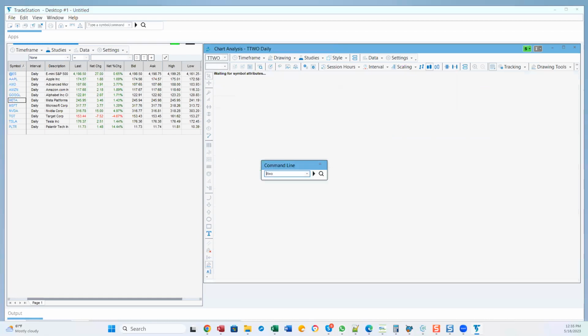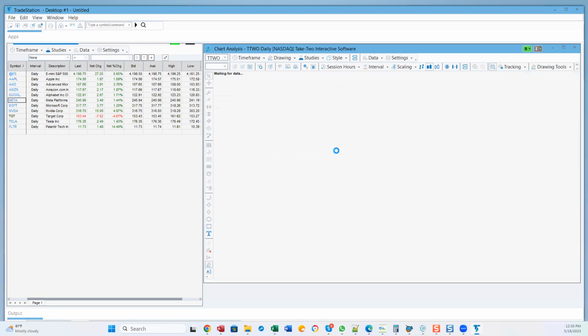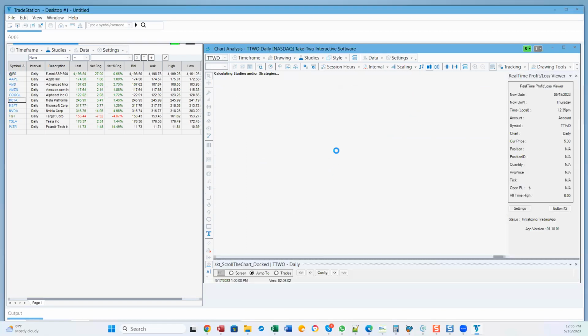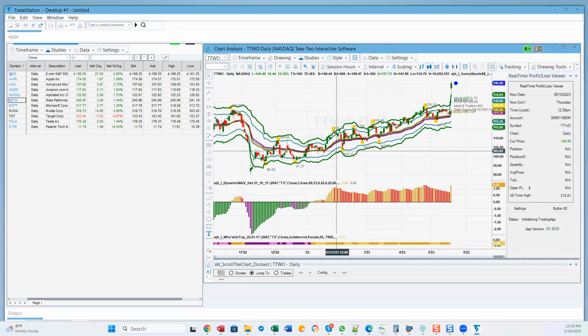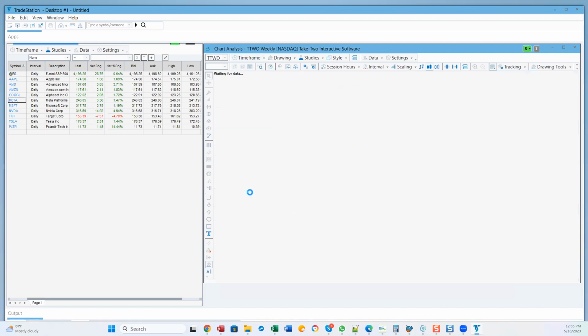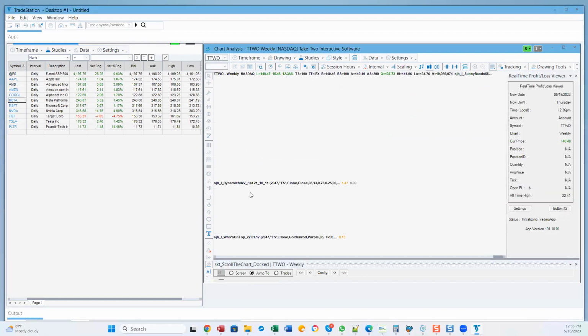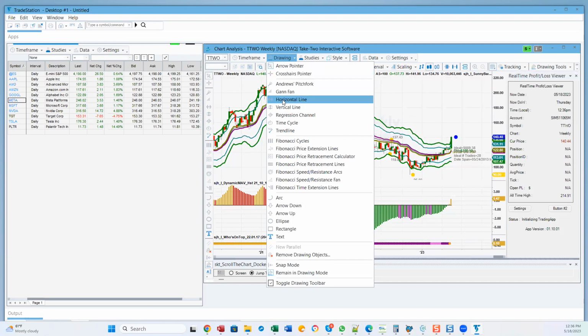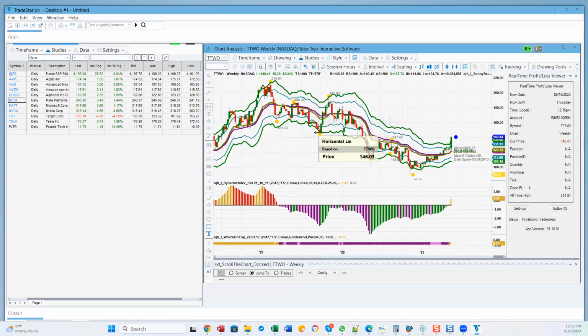TTWO, I don't even know what that is. Take-Two Interactive Software. Oh my goodness, look at those gaps. Look at that. Let's look at it on a higher time frame and see what we've got. All right, so here we go. We're going to draw a horizontal line right across right there.